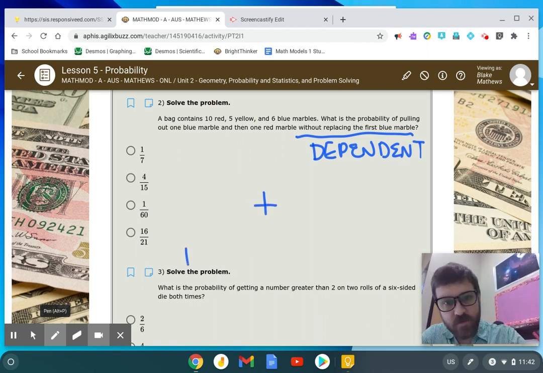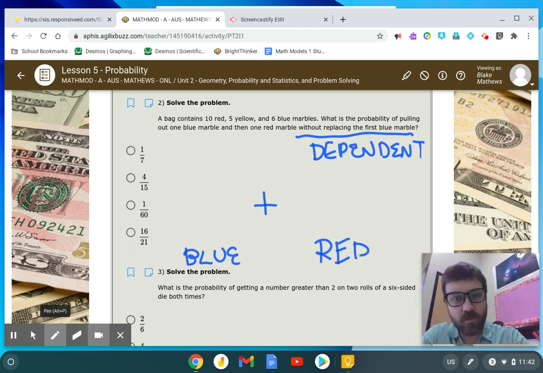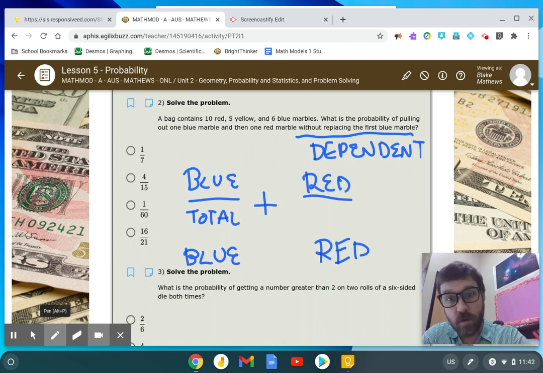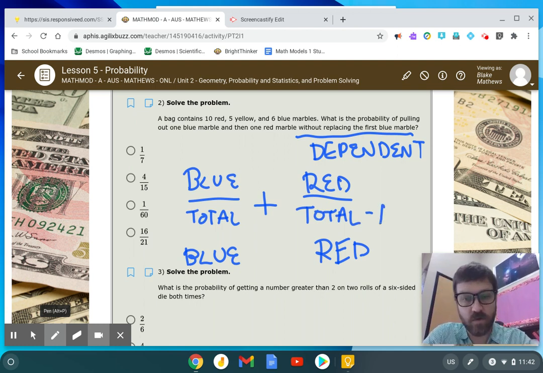The first one is going to be the fraction representing drawing a blue marble, and then the one where you draw a red marble. So the question is, how many blue marbles are there, and how many total marbles are there? So blue over total, and then red over total. But remember, you've taken one out, so you need to subtract one from the total in the second draw.